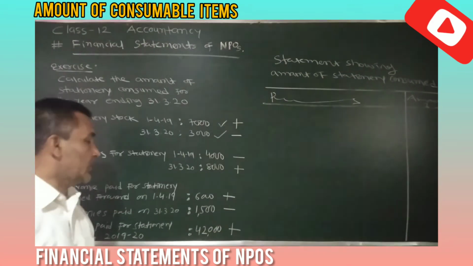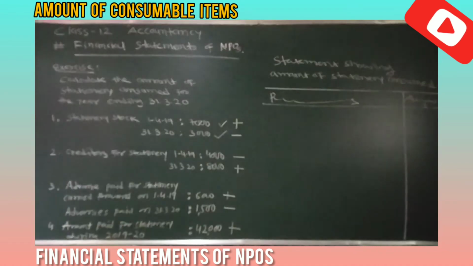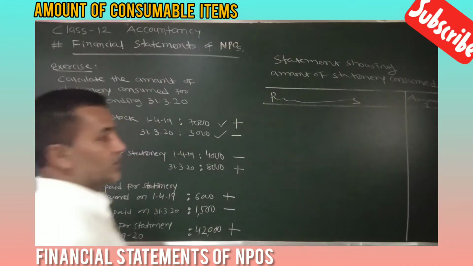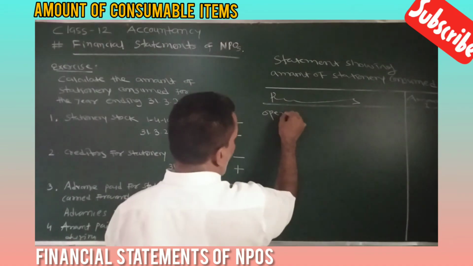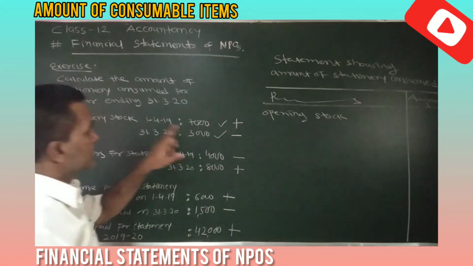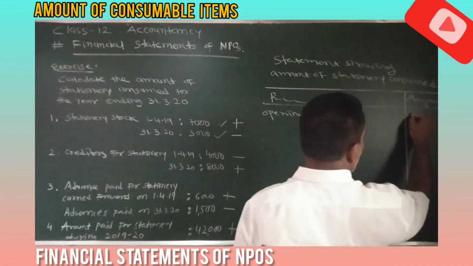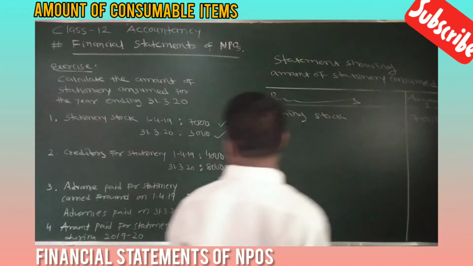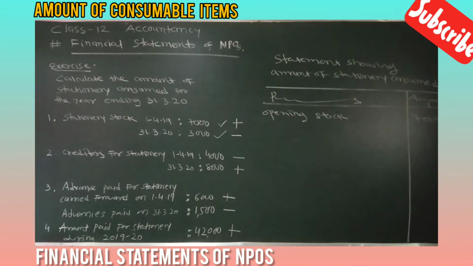So in that, first of all, we can take the plus items. So I am taking the opening stock. Opening stock of stationery 7,000 rupees. Let us take all the plus items first.